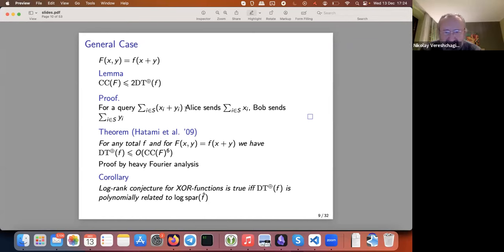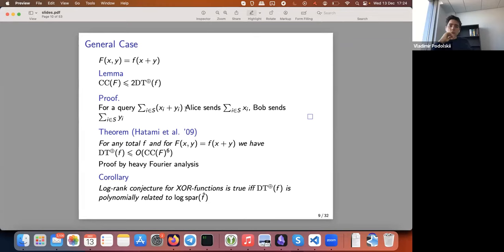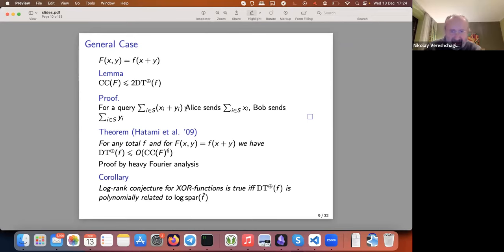But what is this talk about? About decision tree complexity with XOR queries of XOR functions, or what? About the relation of partition tree complexity of XOR functions and communication complexity. So it's communication complexity versus partition tree complexity. Didn't Hatami already answer that question?